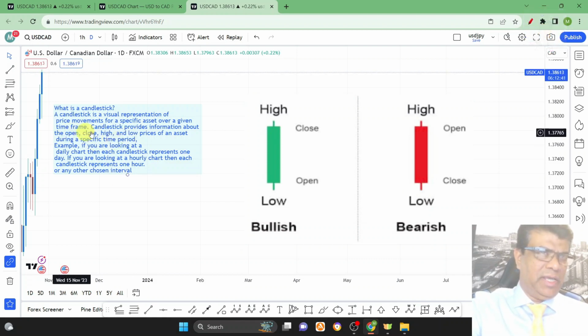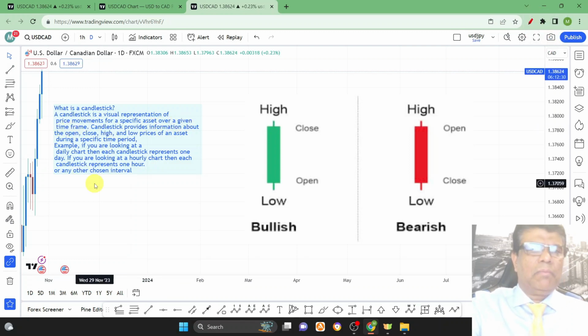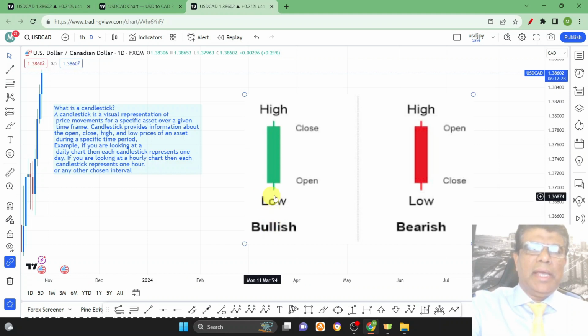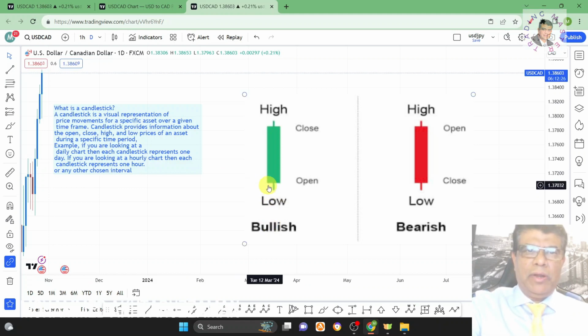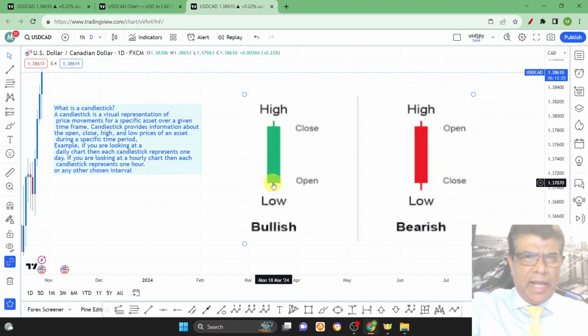So this is what it's saying: a specific time frame given over a time frame. Now, as you can see on the green one, when the security, the stock for example, opened, it started from here.